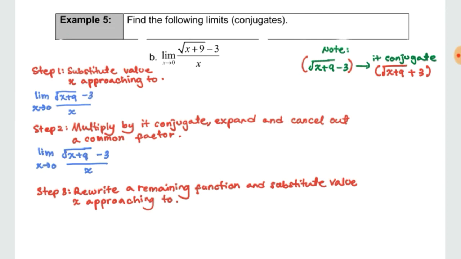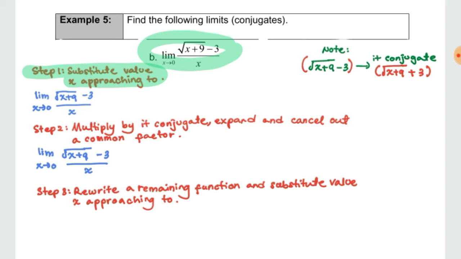Example 5. Find the following limits by using conjugate for question 5b. Okay, we have the function limit square root x plus 9 minus 3 over x when x approaches 0. So step number 1 here, substitute the value x approaching 0.